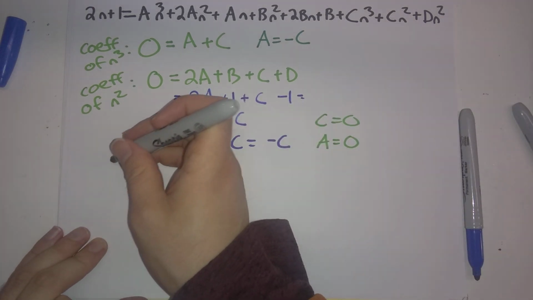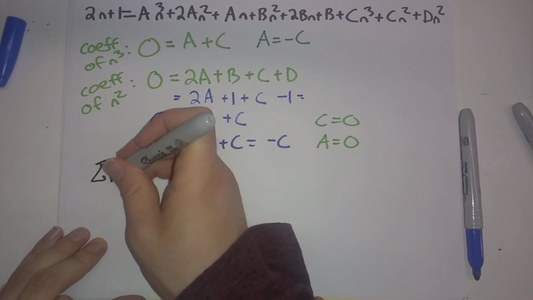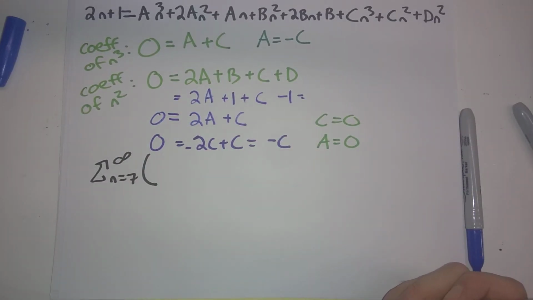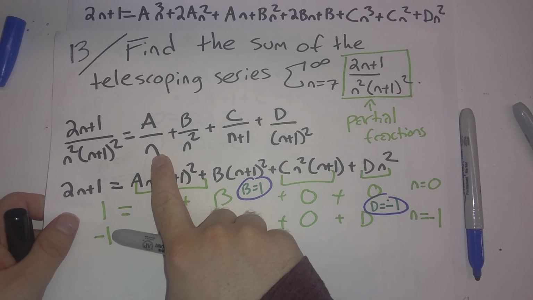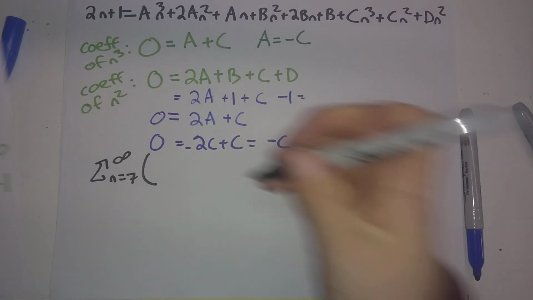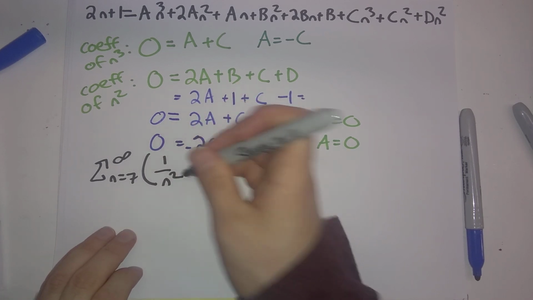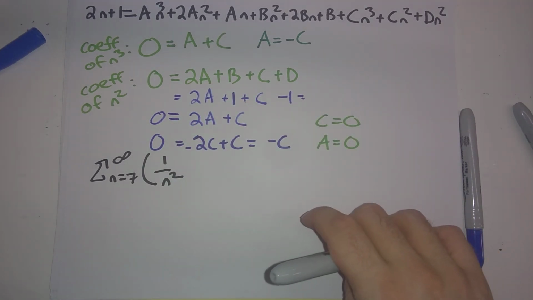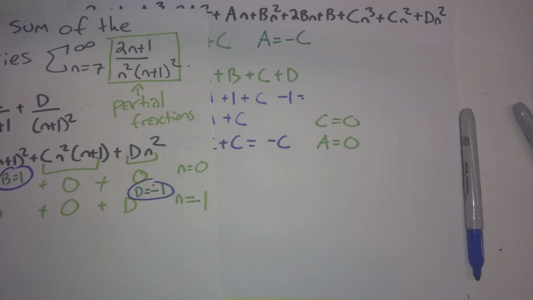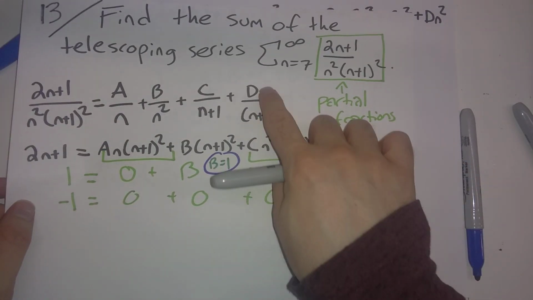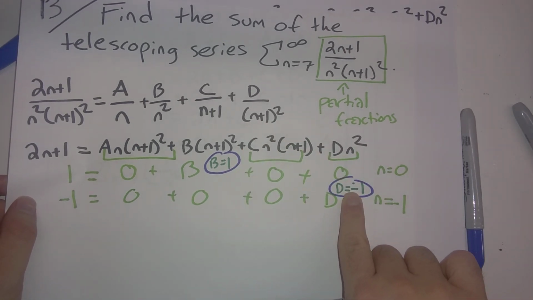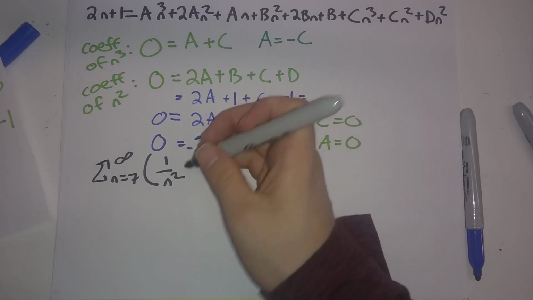So we are now looking at the sum from n from 7 to infinity of a over n, well, that's 0 over n, we don't have to write that, b over n squared, so that's 1 over n squared, plus c over n plus 1, so that's 0 over n plus 1, so we can drop that, plus d over n plus 1 squared, and that's going to be minus 1 over n plus 1 squared.